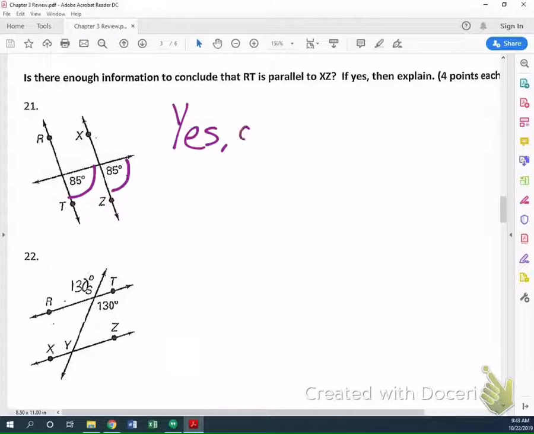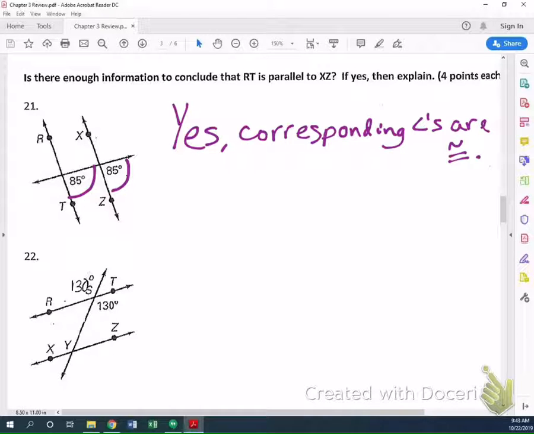Yes, corresponding angles are congruent. You need all three parts. You need the yes part, you need what angles we're looking at, you need that they're congruent. That's why I left that stuff over there on the board, if you guys see.